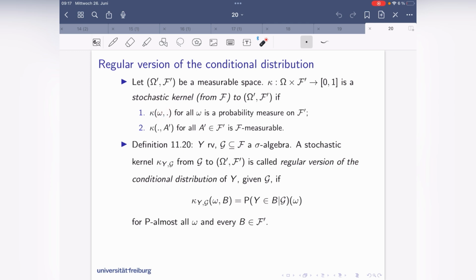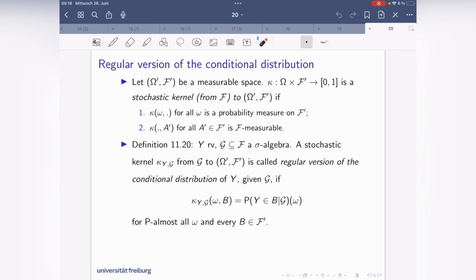So it's from omega times F prime to something which is a probability. For all omega, it's a probability measure in the second variable. So that's exactly what we want, at least for almost all omega. And the other thing that we need is that for a fixed set in the second coordinate, it's measurable with respect to the first coordinate.